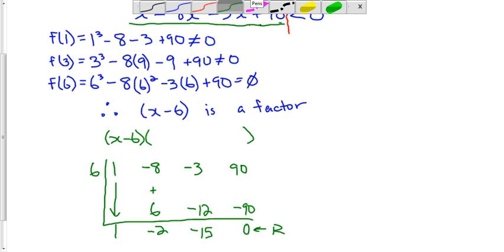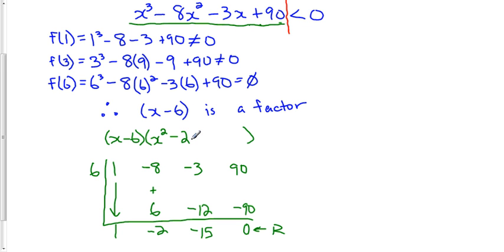So this is x squared minus 2x minus 15, and all of this is equal to this now. So we factored it a little bit.